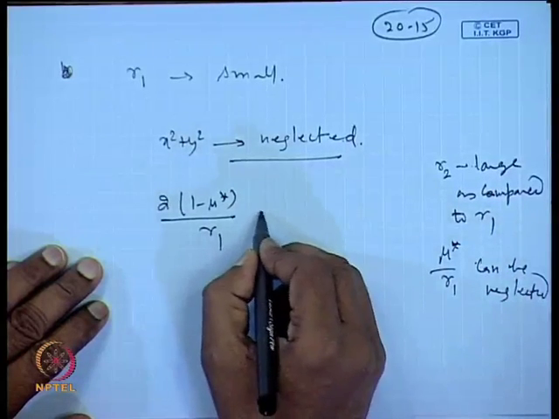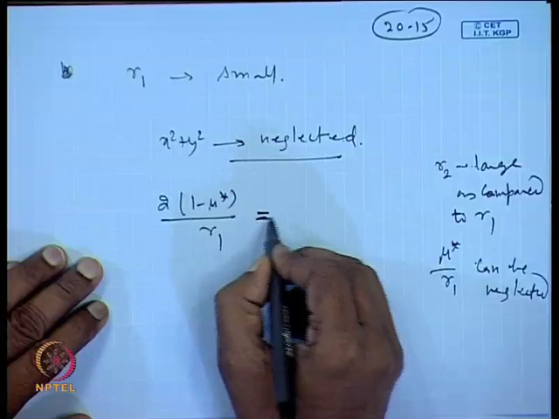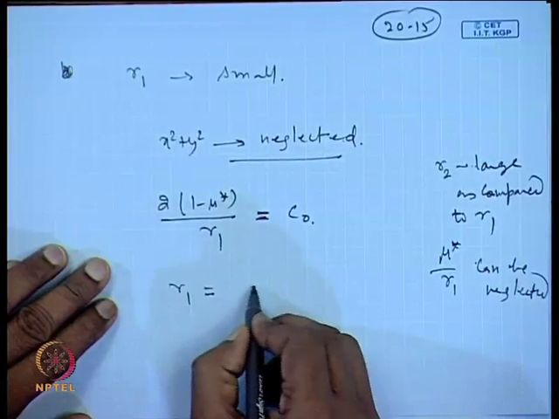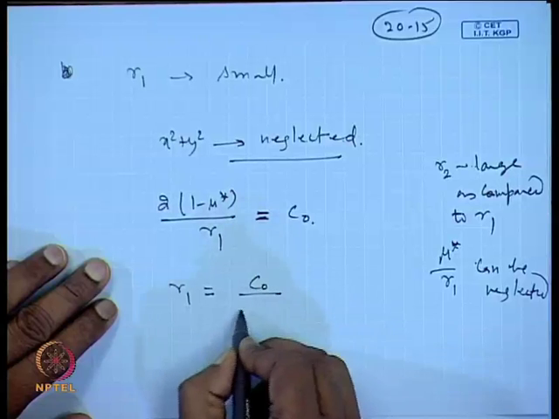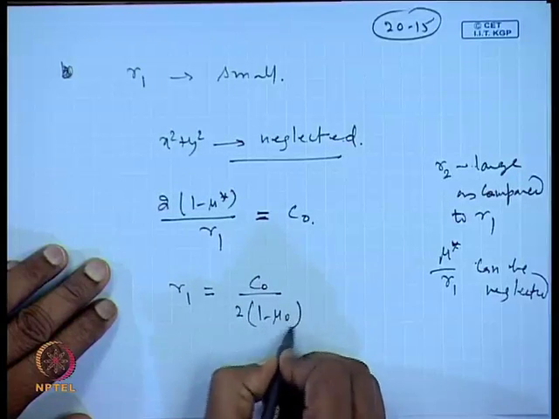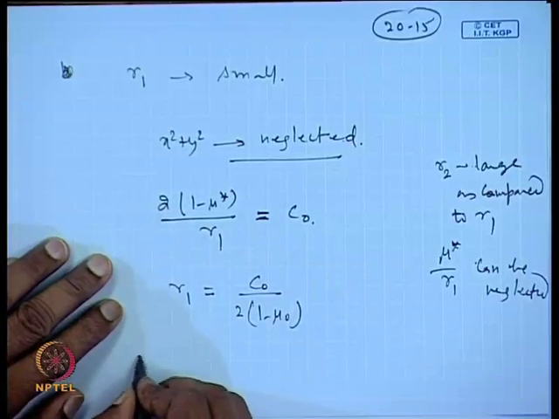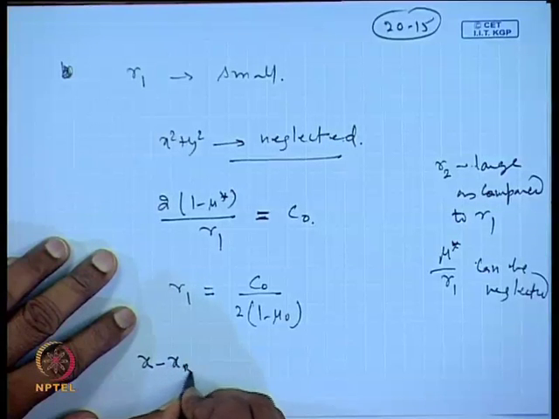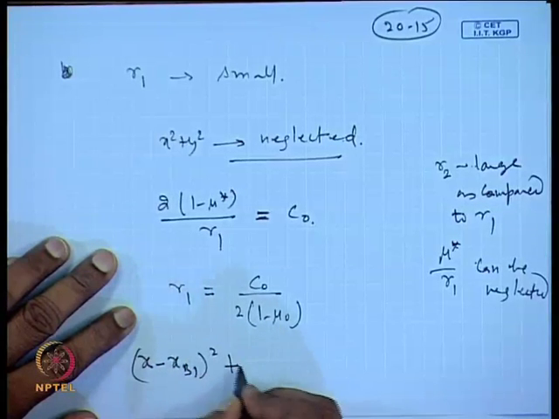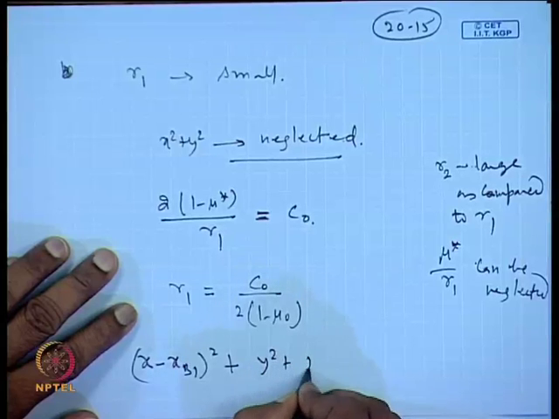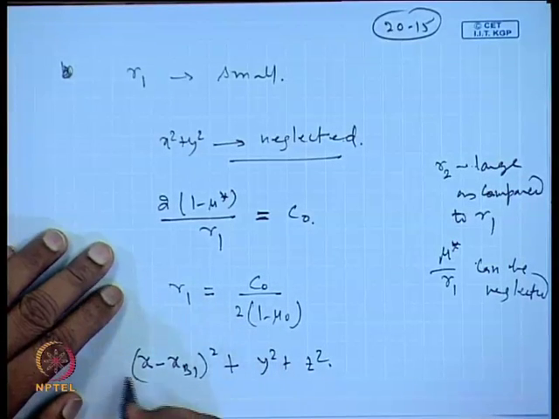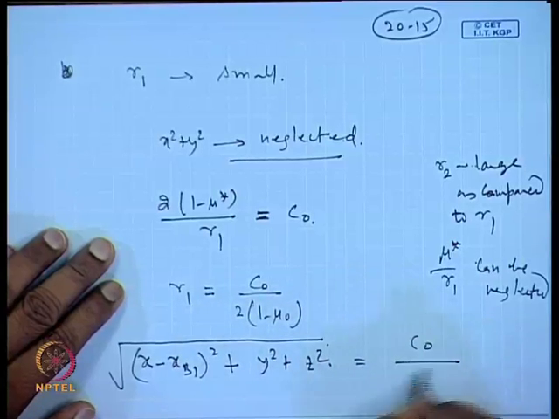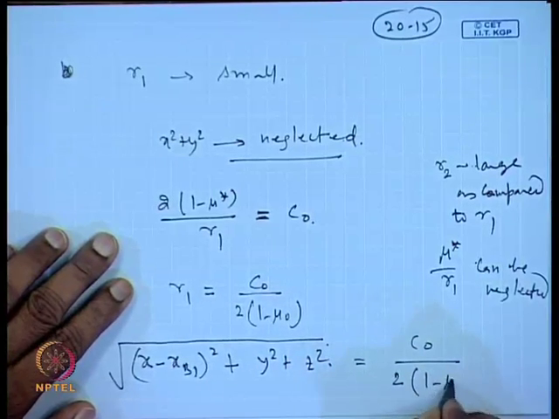So, if you neglect this, this quantity becomes equal to C 0 and we can write R 1 equal to C 0 by 2 times 1 minus mu star. And R 1 you know what it is, this is x minus x b 1 square plus y square plus z square under root, equal to C 0 by 2 times 1 minus mu star.